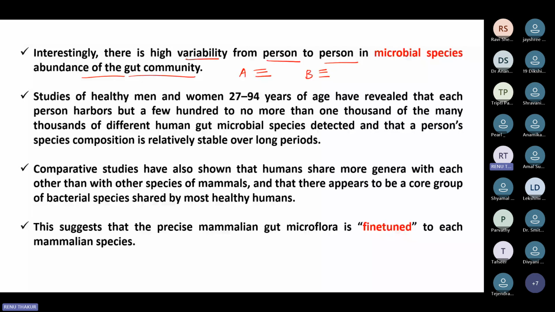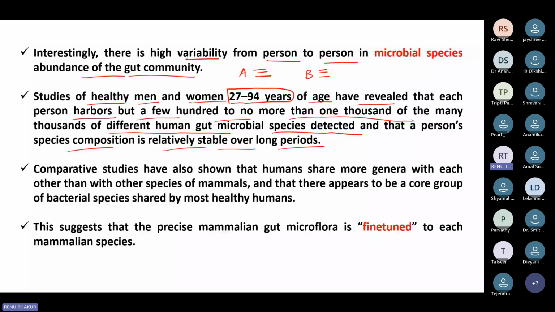Studies of healthy men and women between 27 and 94 years of age have revealed that each person harbors a few hundred to no more than 1,000 of the many thousands of different human gut microbial species detected, and that a person's species composition is relatively stable over a long period. This paragraph is nothing complex, don't worry.